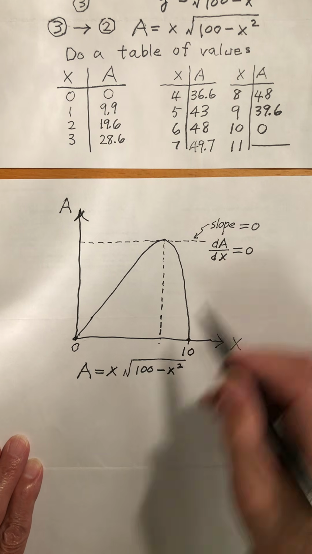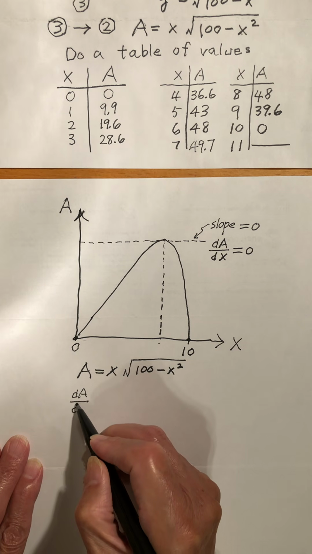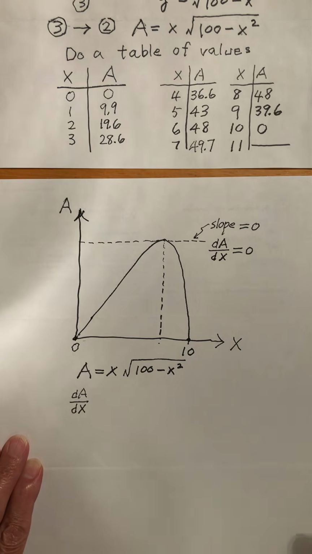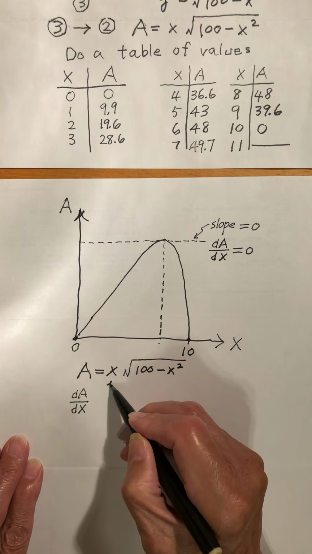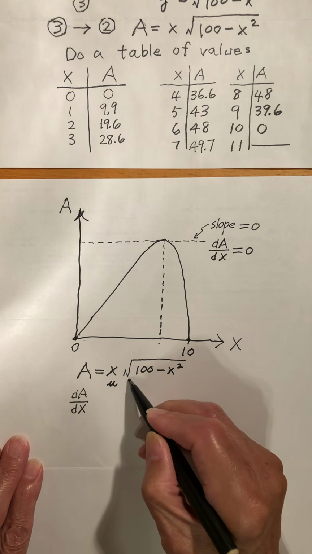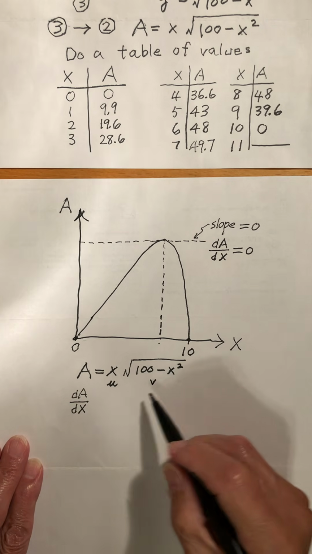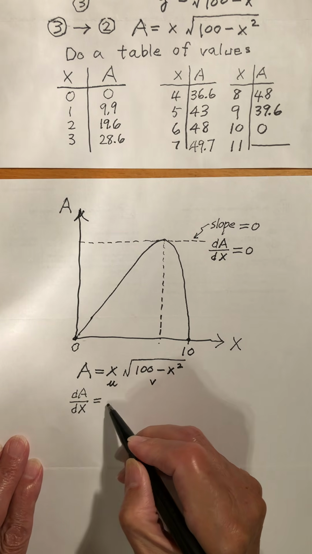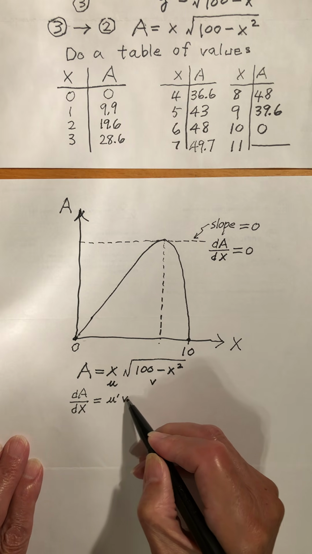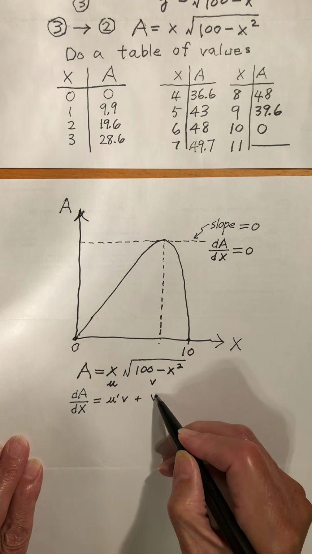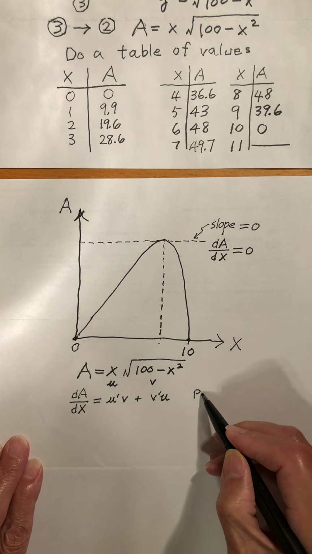So I do that, dA by dx. Now this is u, and this part is v. So the derivative is the product rule: u prime v plus v prime u. That is the product rule.